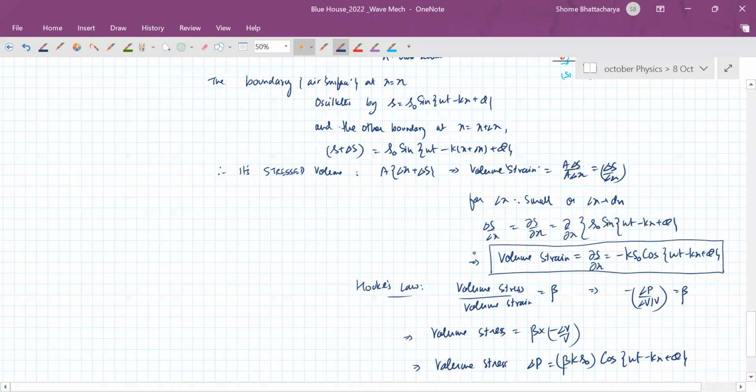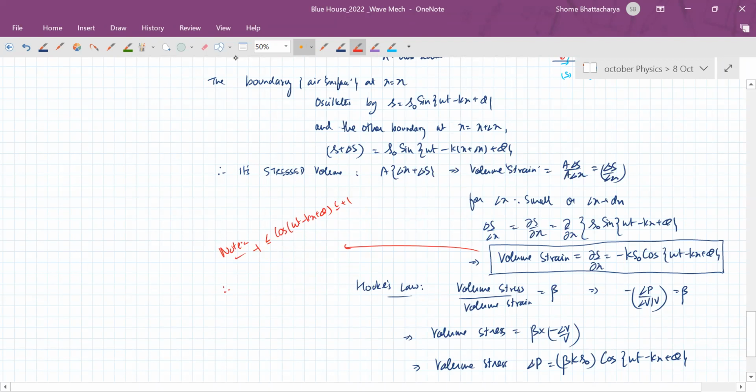One more thing you can note down here is you can see that cos omega t minus kx plus phi is an alternating quantity between negative and positive values.